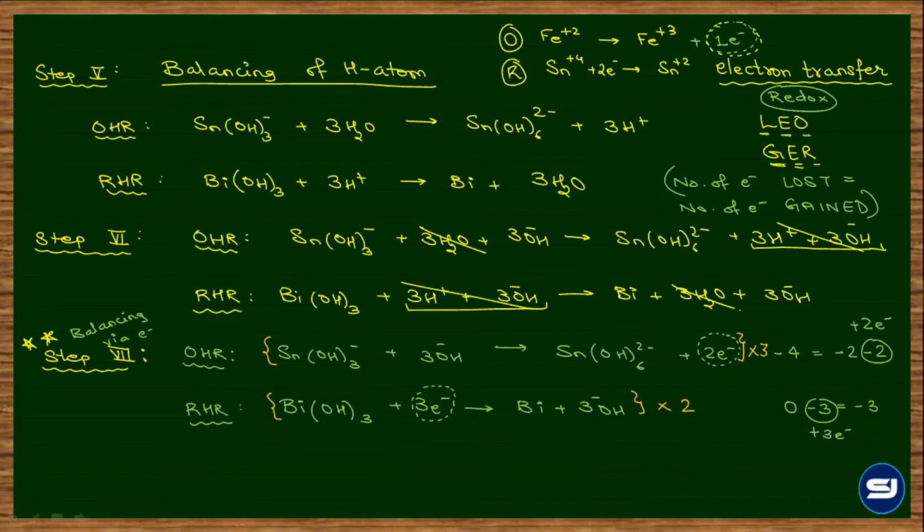Entire Q because अब total electrons हो जाएंगे 6. 6 lost and 6 gained. And if that is balanced, then your reaction will be said to be balanced.